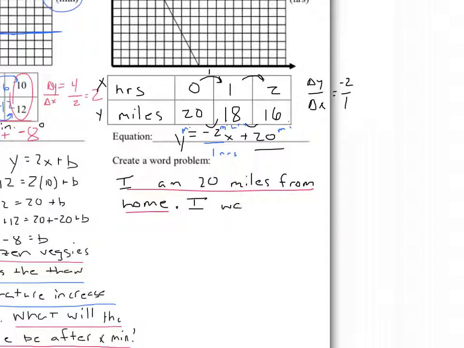I walk. Am I walking towards home or away from home? I need a decreasing rate. So if I'm starting 20 miles from home, I need to decrease that. So I'm walking towards home or away from home? Away.